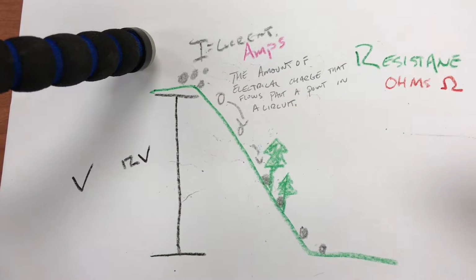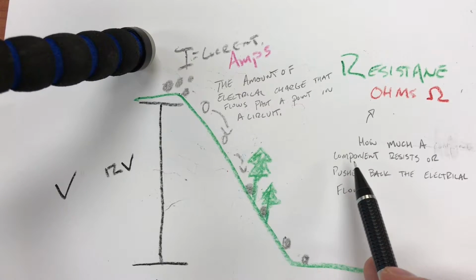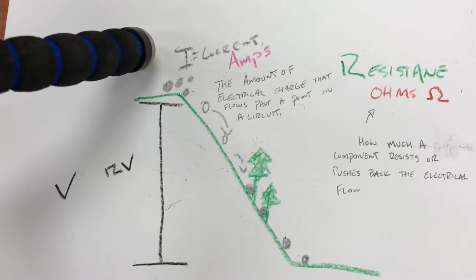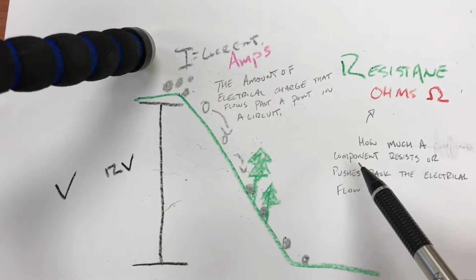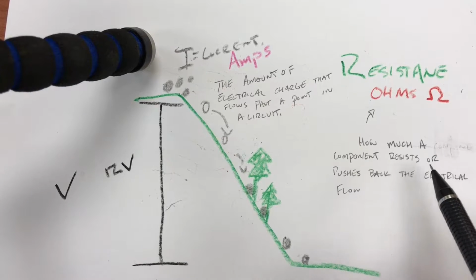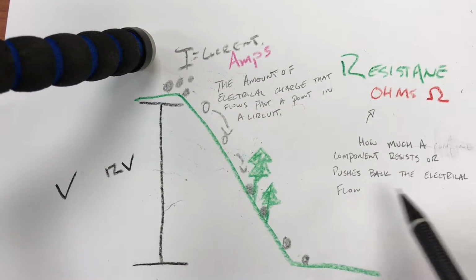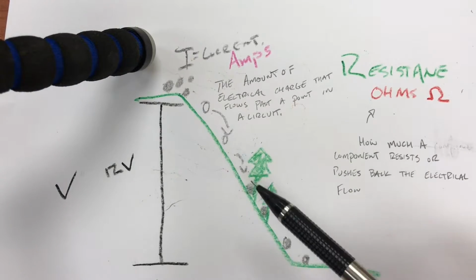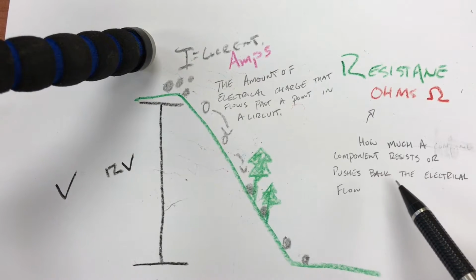So let's talk about resistance. Resistance is how much a component, whether that component is an LED, an integrated chip, a button, or anything, resists or pushes back the electrical flow. So it's how much it pushes back the current. This pushed back the current by getting rid of two rocks.